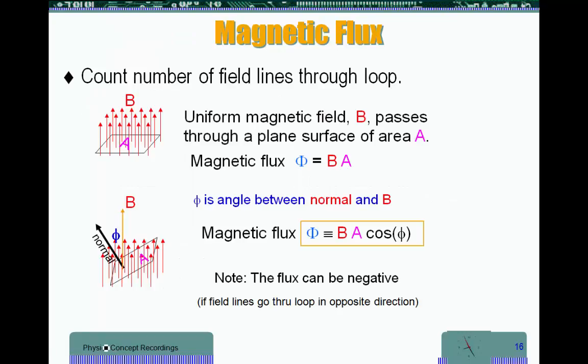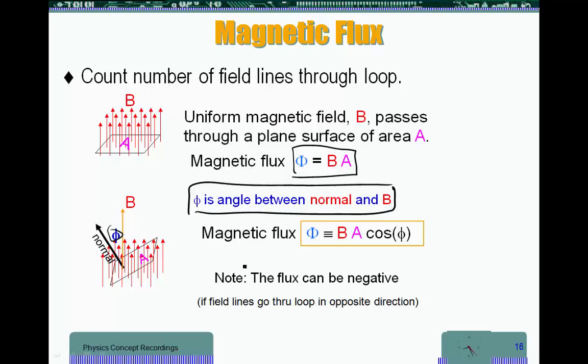This is a reminder of what the flux is. In this particular case, where we have a loop that's perpendicular to B, the magnetic flux is simply B times A, the amount of field lines that are passing through that area. Now, when we have an angle phi, remember the angle, you have to get it between the normal to A and B, then my magnetic flux is BA cosine phi.